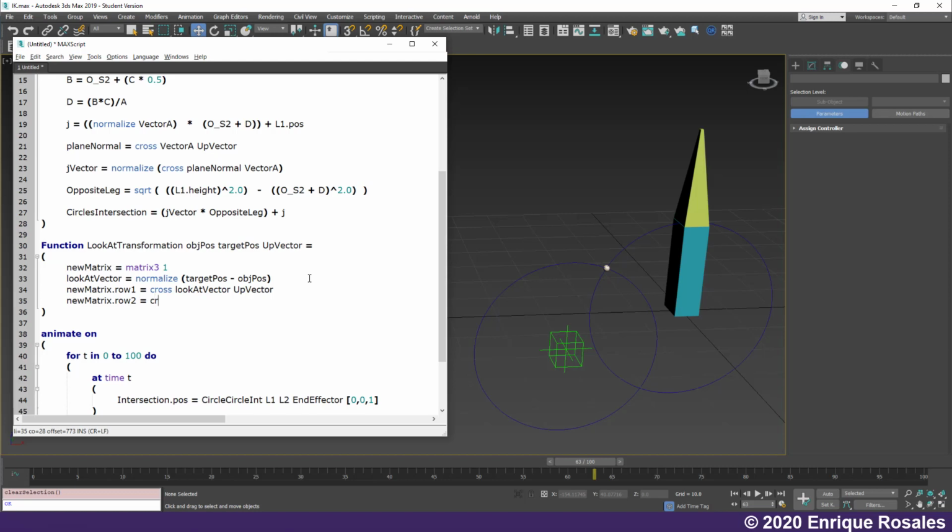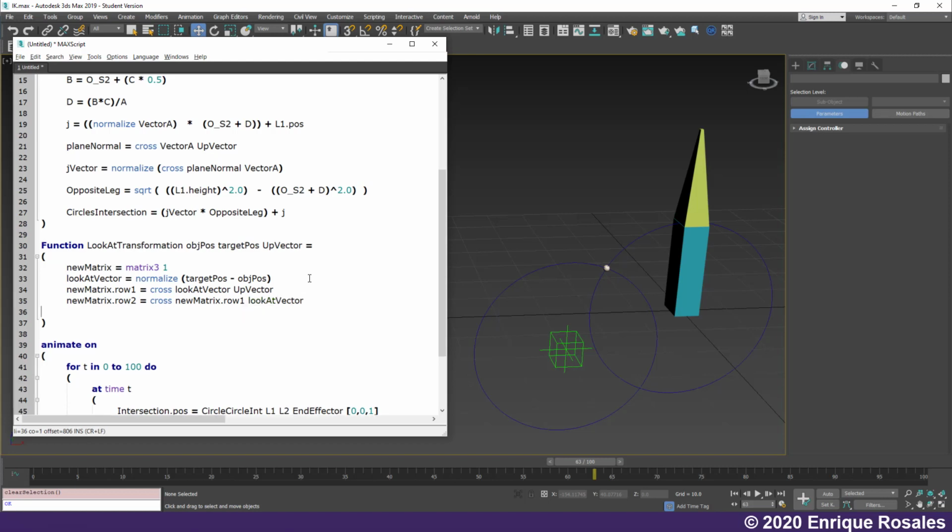So next, this one will be the cross of the first row with the Z axis, which is already there. So it's new matrix dot row 1, and you're probably hearing my daughter. Okay, row 1 and lookup vector, right?